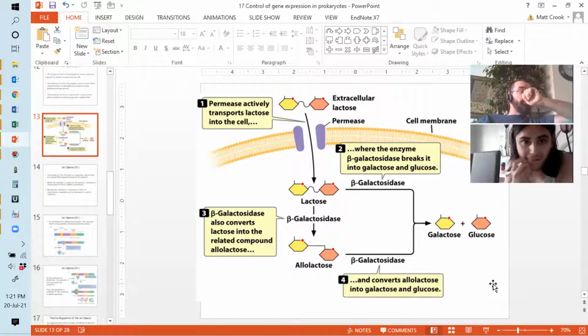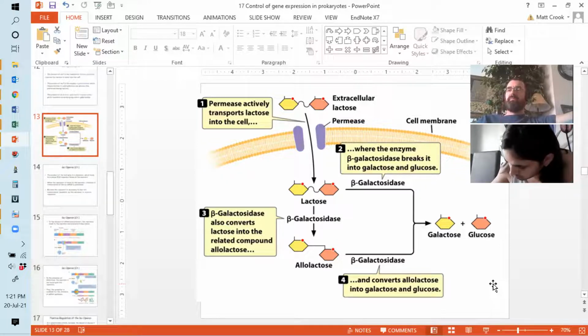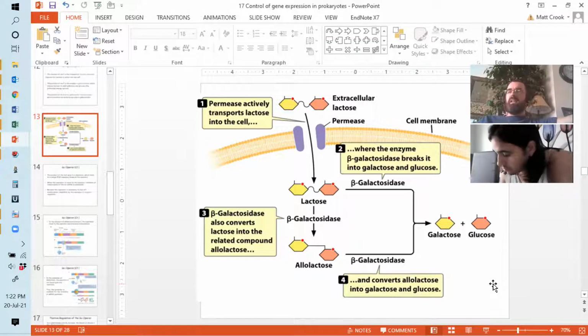What thing would we care about if we were a bacterium? The cell membrane? No, that's kind of what the lactose goes through. Good idea. What's the product of all of the stuff in the lac operon? What gets produced?